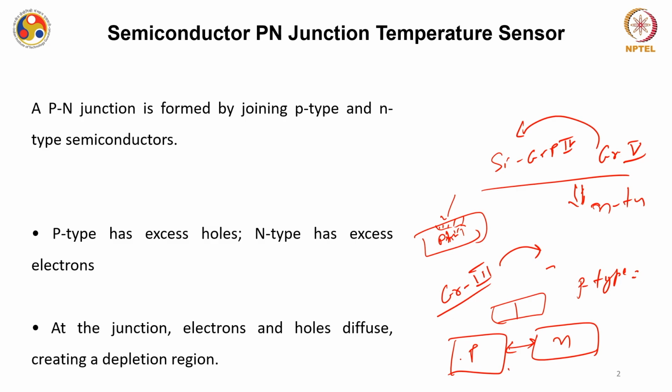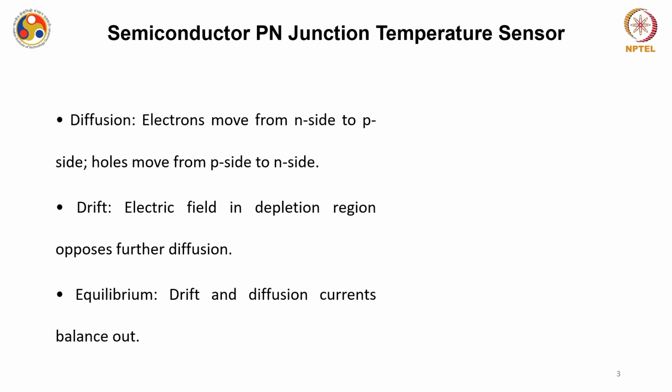At the junction, electrons and holes diffuse from p side to n side and n side to p side, and in this process, a depletion region is created. Either electrons move from n side to p side, or holes move from p side to n side, and this is mostly done by the process we call diffusion.